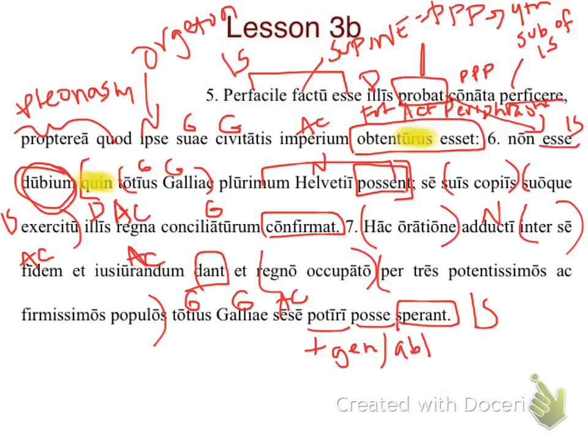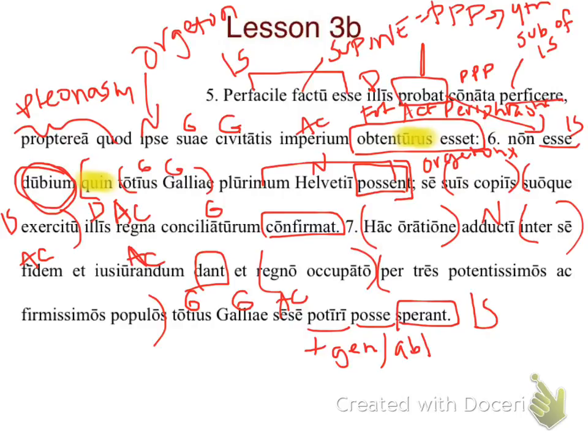Or I guess you could say would hold the most power of all Gaul. It's probably a little bit better sounding. But remember, it's an indirect statement, so you'd say that there was no doubt that.